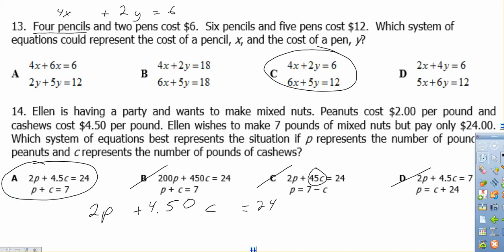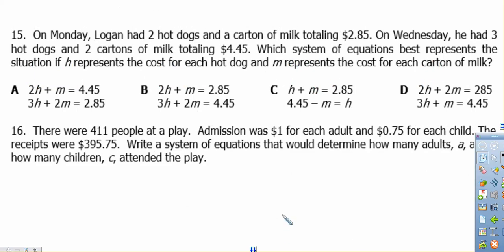All right, number 15. On Monday, Logan had 2 hot dogs and a carton of milk, totaling $2.85. On Wednesday, he had 3 hot dogs and 2 cartons of milk, totaling $4.45. Which system best represents the situation if H is the cost for a hot dog, and M is the cost for each carton of milk?